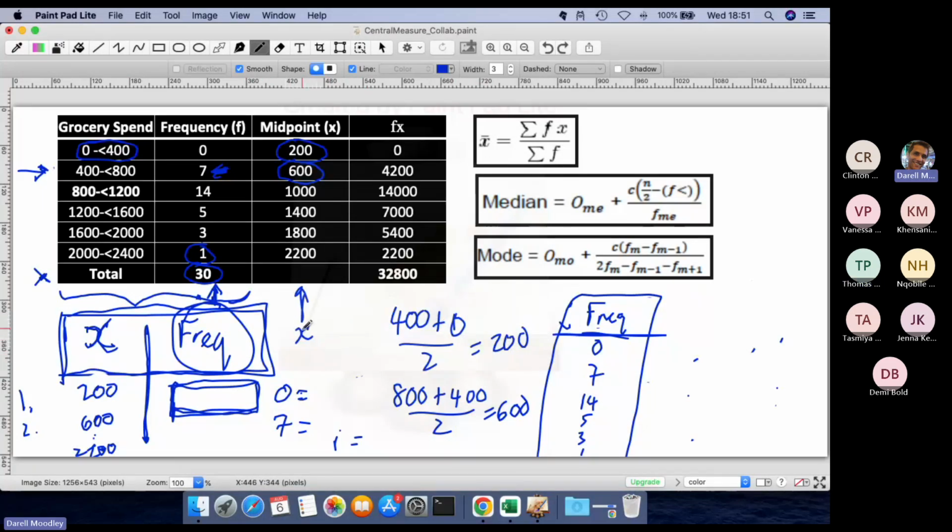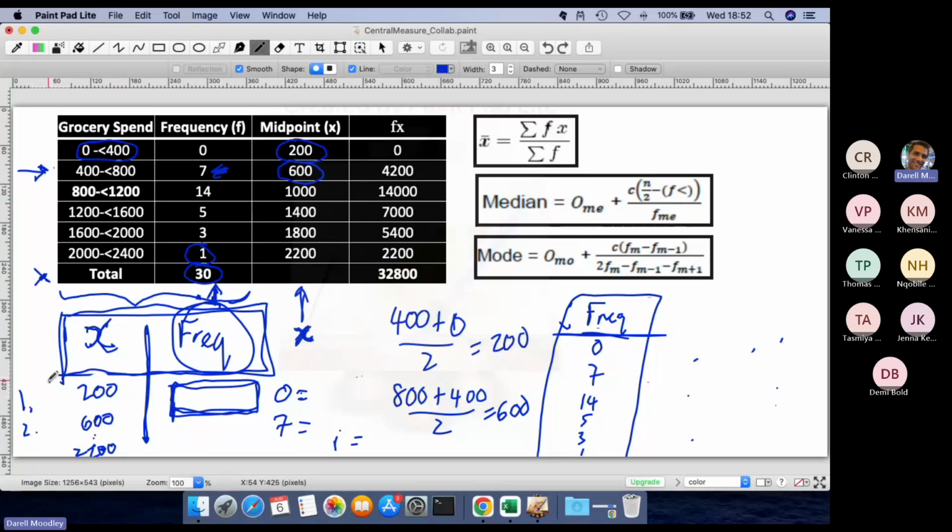Do it first. Yes, so I must do it first. I've done it this way so that you can identify what the X is, but in general, you'd have to work it out first, and then go to this table in your calculator and capture it. All right, very clear. Thank you so much. No problem.